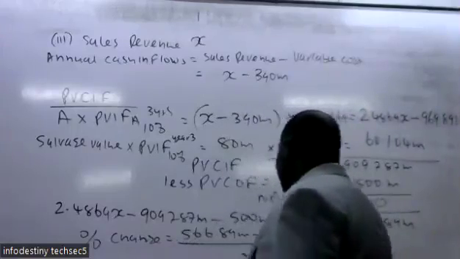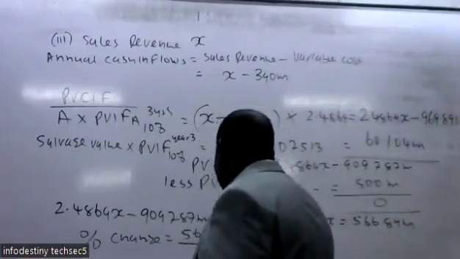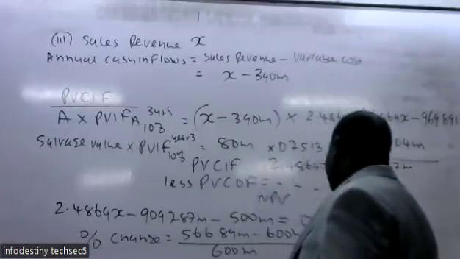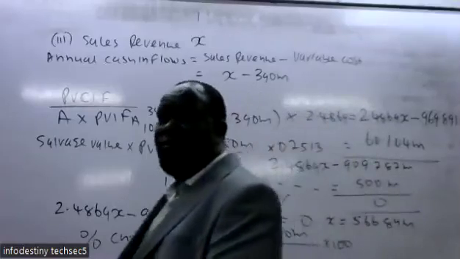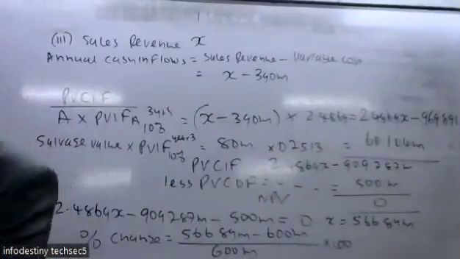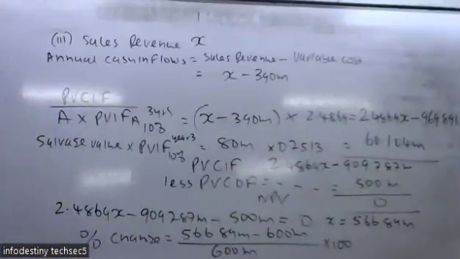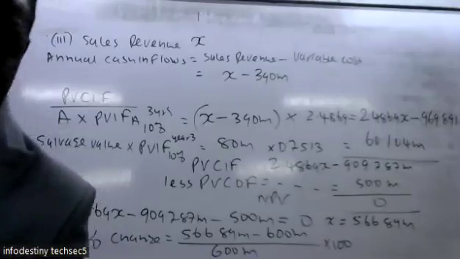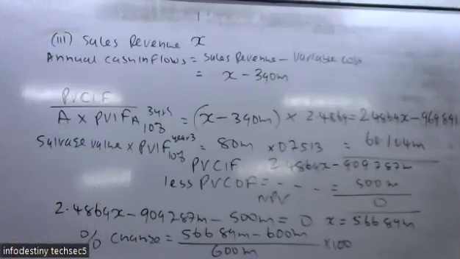So you also divide by 600 millions. Then we express that as a percentage. So those two questions were on the break-even point analysis.